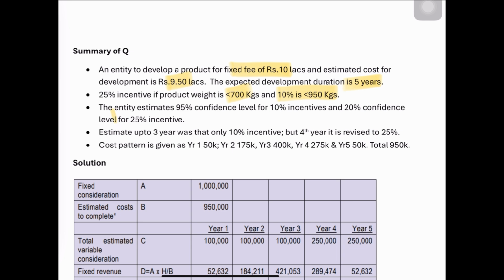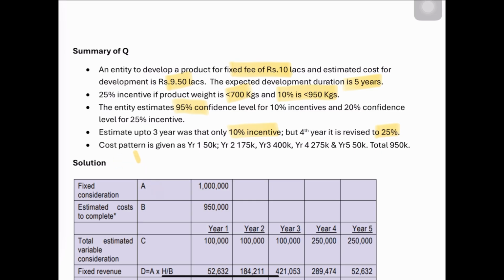The entity estimates a 95% confidence level that the 10% incentive will be achieved, and only a 20% confidence level that the 25% incentive will be achieved. The estimate up to 3 years was that only the 10% incentive would be achieved. But during the 4th year they revised the estimate. They had more evidence that the 25% incentive can be achieved.